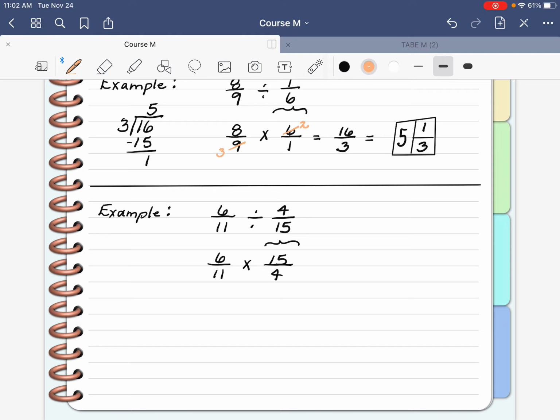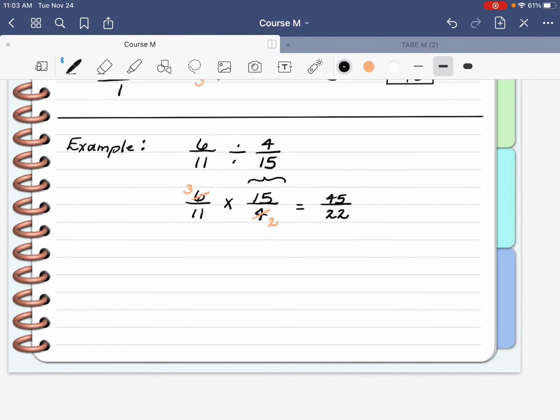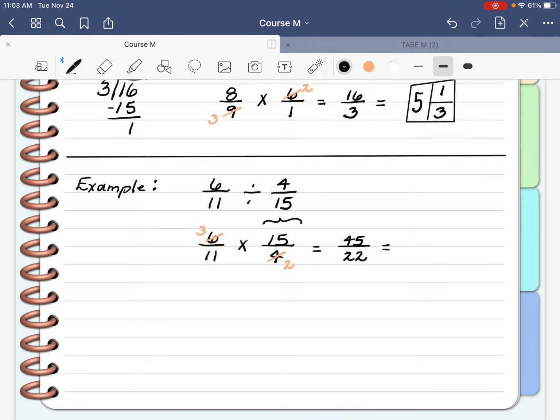I can cancel a little bit using a 2 right here, but that still is not a lot. 3 times 15 is 45. 2 times 11 is 22. So this one has to QRD. It's top heavy, and it's not going to be an easy QRD. I can't just rattle this one off in my head.